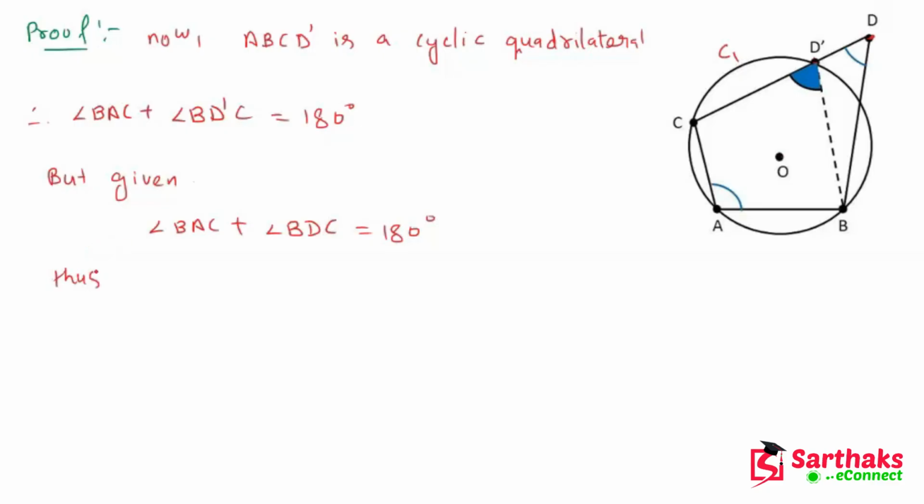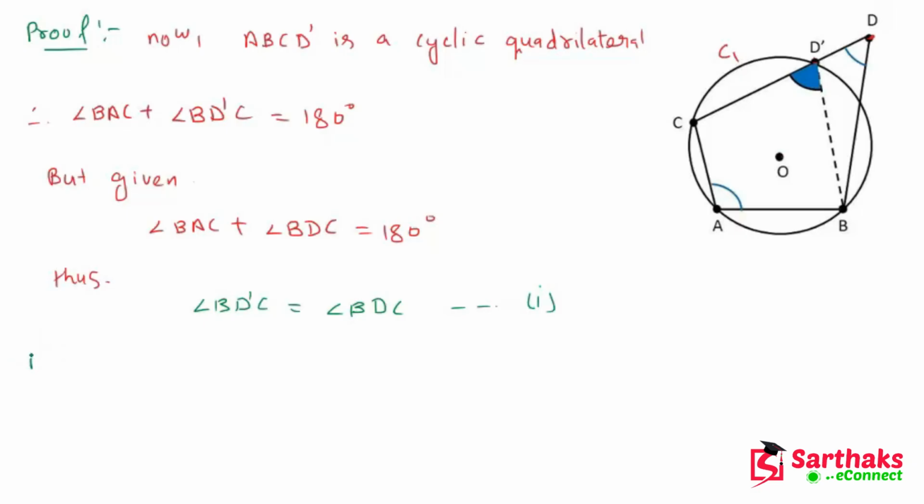Thus, from these two equations we can say that angle BD dash C is equal to angle BDC, meaning these two angles are equal. Let's suppose this is equation number 1.